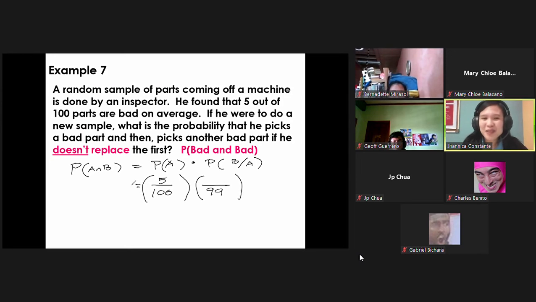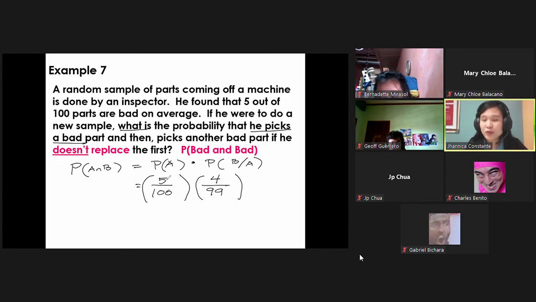The same as what you did with the total number of parts, you deduct 1. You're also going to deduct 1 from your number of defective or bad parts of the machine. So you have 4. The meaning of this, he picks a bad part, that's 1.